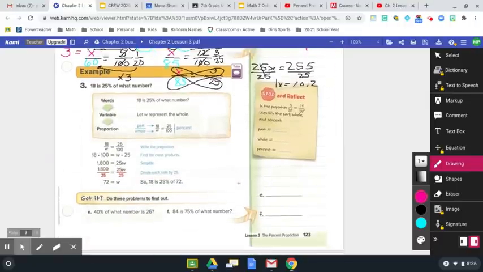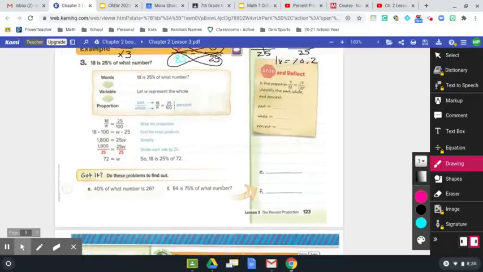We're going to go back down to the bottom of page 123, and now we're going to solve for finding the whole. So I'm going to again set these proportions up and get them ready to go. In that second fraction, you can fill 100 in there because that's going to be our percent.